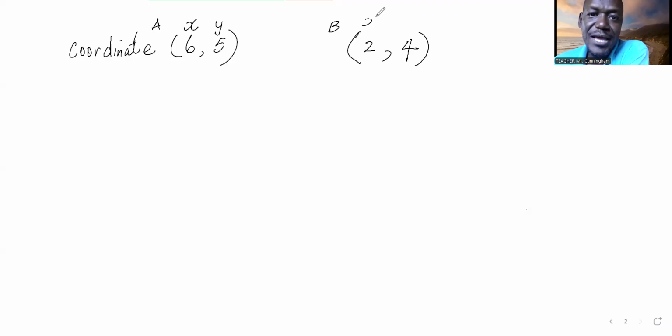So 2 is my X value and 4 my Y value. Let's call the first one X1 and this is Y1. These are point 1. So if these are 1, we'll call these point 2.